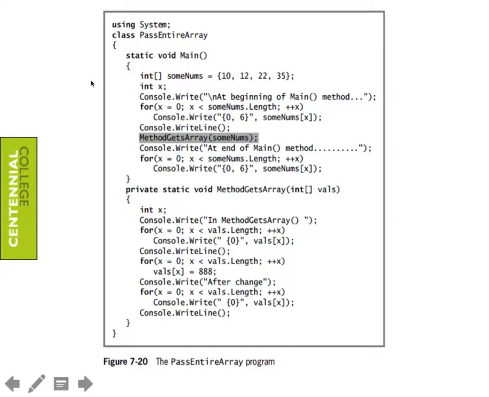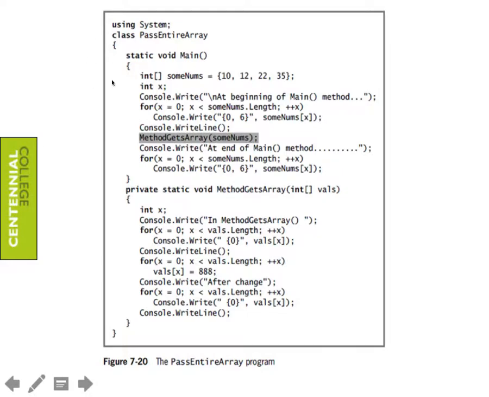In the calling method, it's called someNums. But it doesn't really matter. Because arrays are reference types, I'm going to actually get the entire array. I'm getting it by reference. So any change that I make to the array in my method also gets changed out here in the calling method.